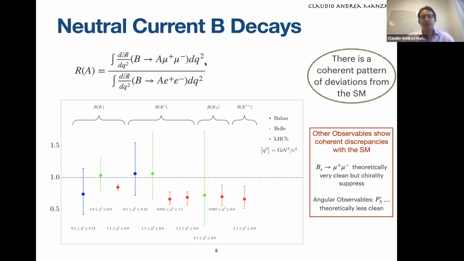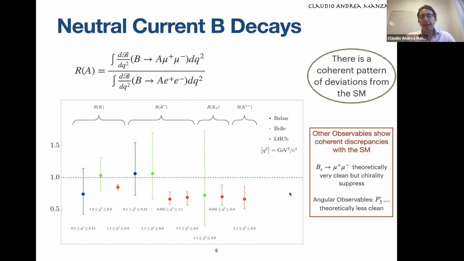Now, taking these ratios, several theoretical uncertainties cancel, such that the prediction within the standard model is very, very clean, and these observables are predicted to be one with a very good accuracy. You can see the experimental situation for some of these ratios in the plot at the bottom of this slide, where you have the measurements from some collaborations in different q-squared bins.